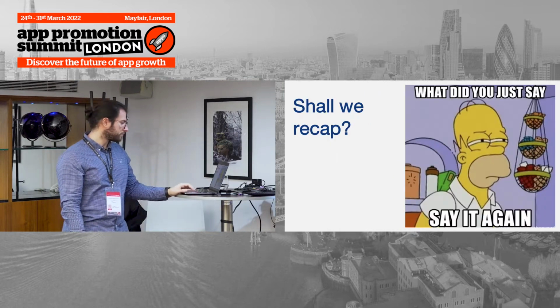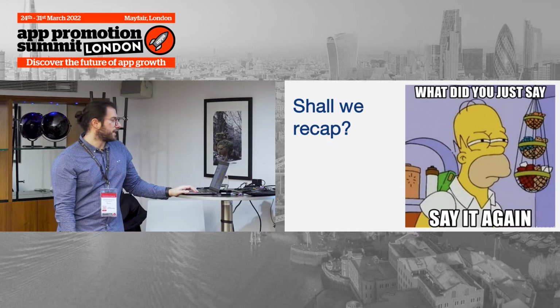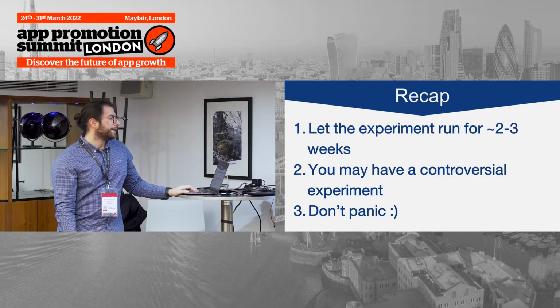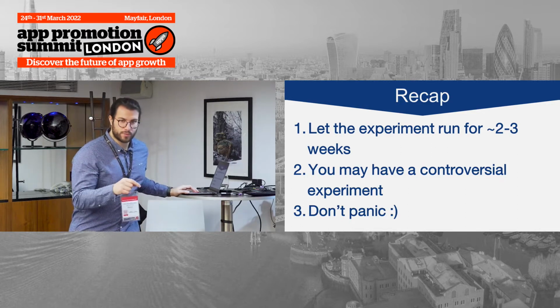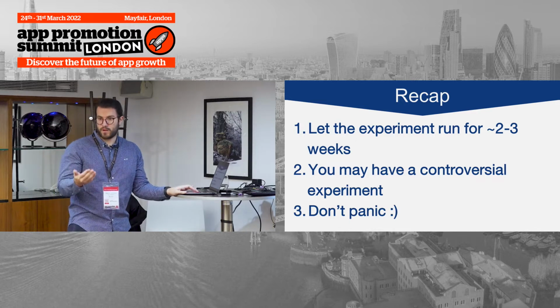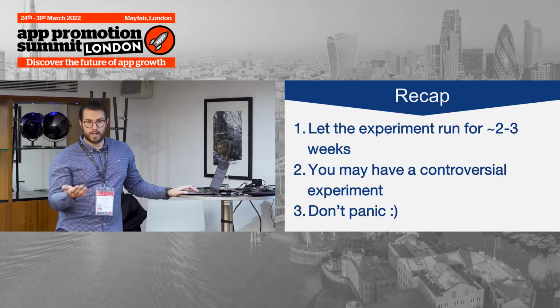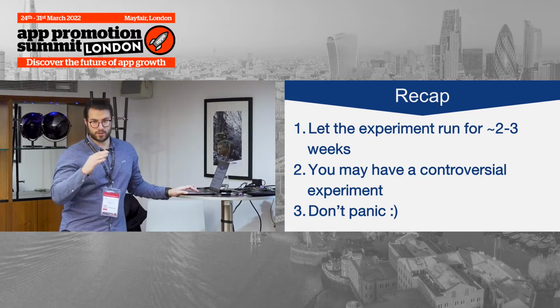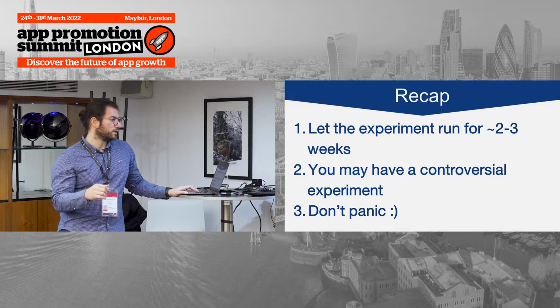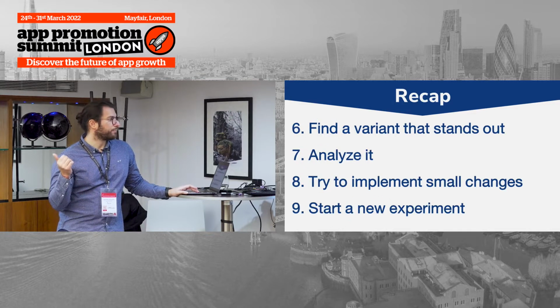So let's recap what we said. Let the experiment run for around 2 to 3 weeks. A lot of you have run experiments and have faced a controversial result. So it's not a definite no, but it's not a definite yes either. So don't panic.